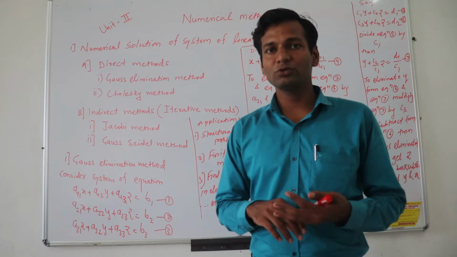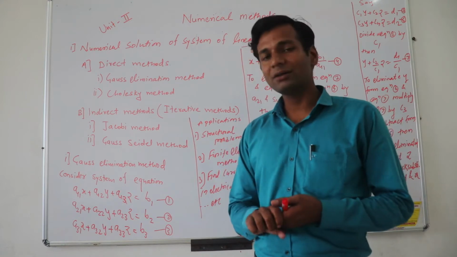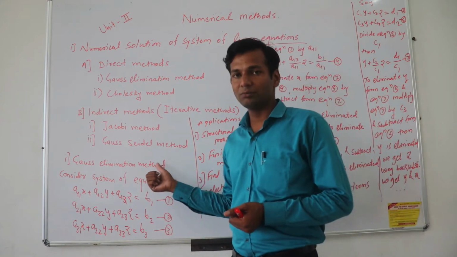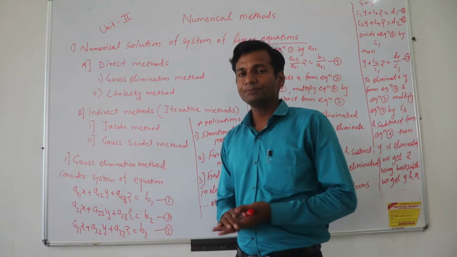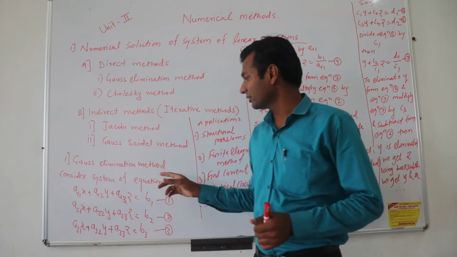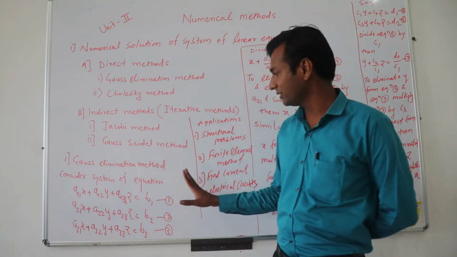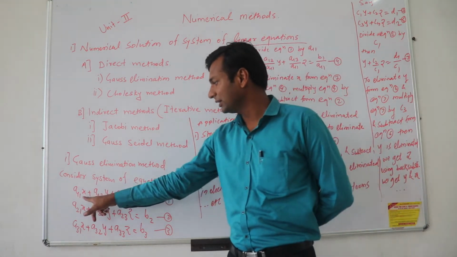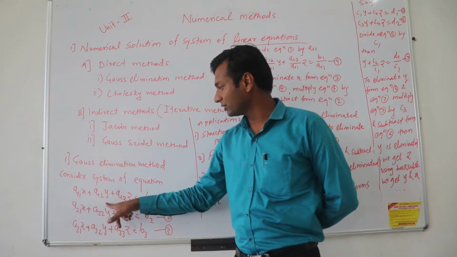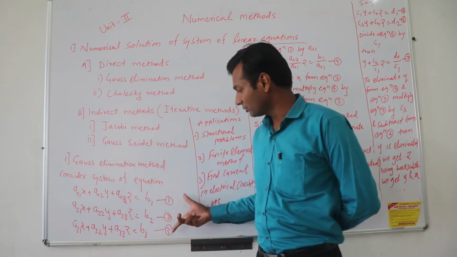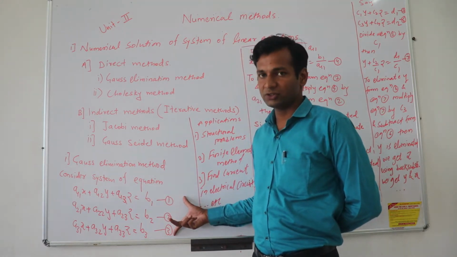Today we see only one method, that is the Gauss elimination method. First we consider a 3x3 system, that is, three unknowns x, y, z and three equations.